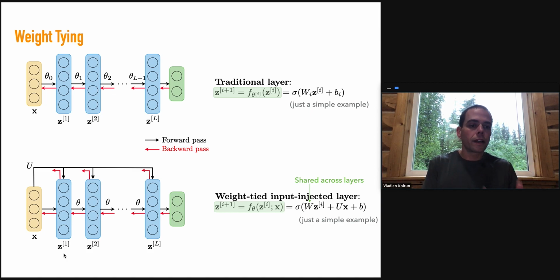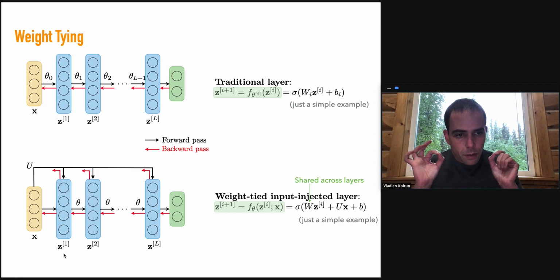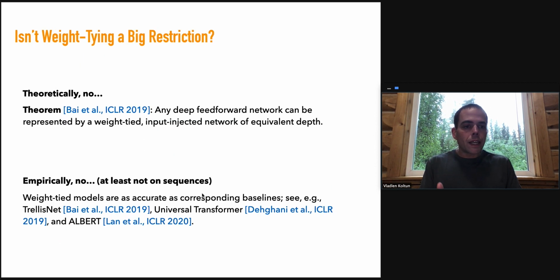We tie their parameters, and we simply repeat the application of an identical layer. We take a layer and simply apply it many times with the same parameters. This might seem like a big restriction in expressive power, but it turns out it is not.